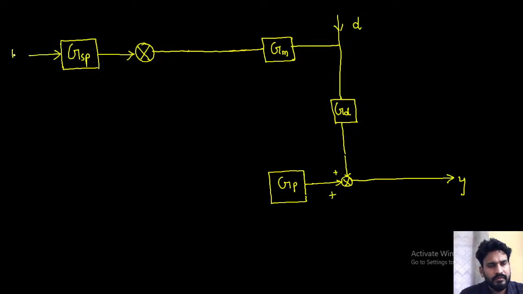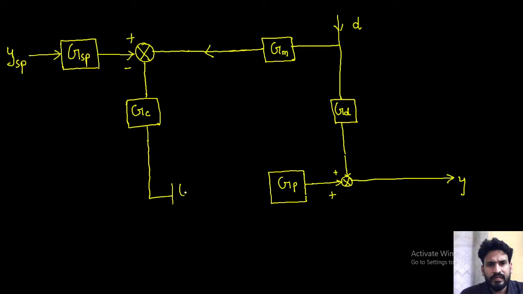So this is my set point, let's suppose YSP, the set point in the controller, and it is compared. After comparing the disturbance and the set point, an error is generated, and that error is going into the controller. The controller will take action and give a signal to the final control element.